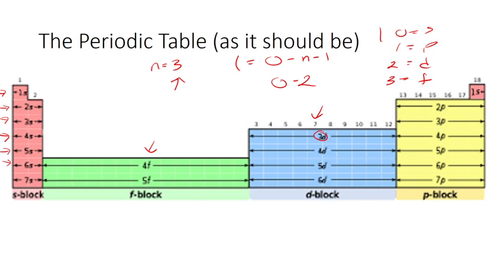That means the third energy level is the first energy level that can have a d subshell. Just like n equals 4, the fourth energy level, is 0 through 4 minus 1, so 0 through 3, which means the fourth energy level is the first with f available. For n equals 2, that's 0 through 1, so for 2 or 1, d and f are not available.